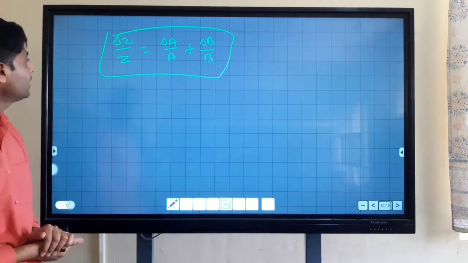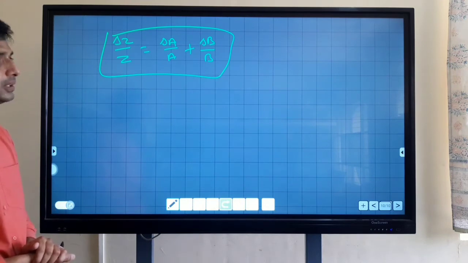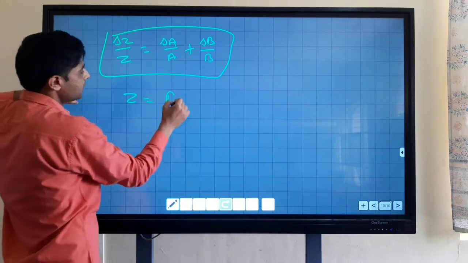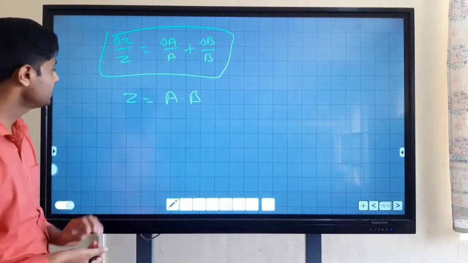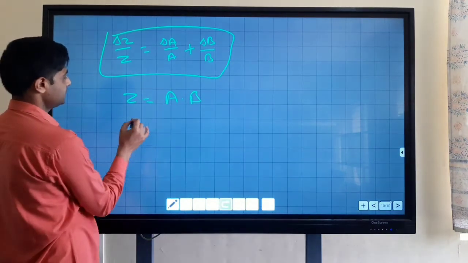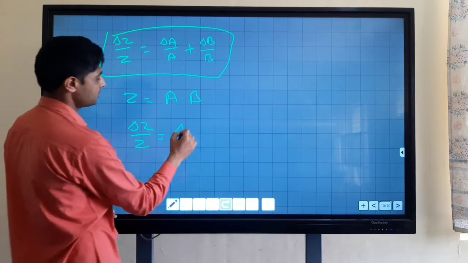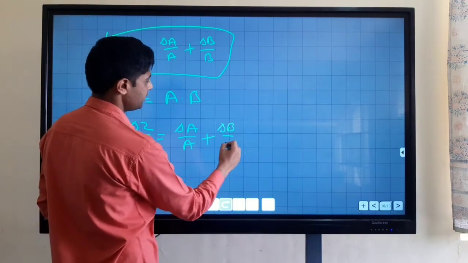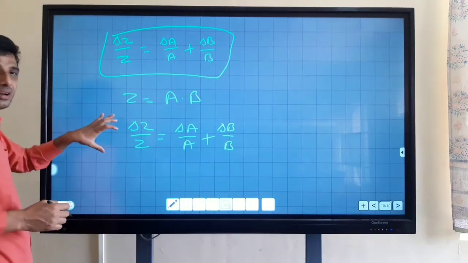So del Z upon Z equals del A upon A plus del B upon B. It means if we have to find the error in the product of two physical quantities, then we can write del Z upon Z equal to del A upon A plus del B upon B. It is the relative error.